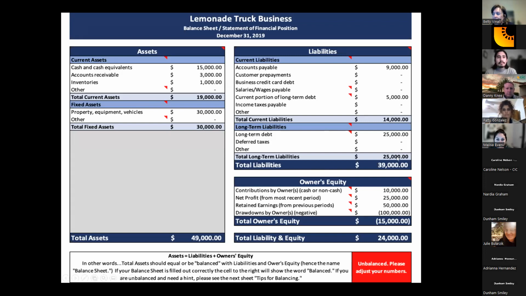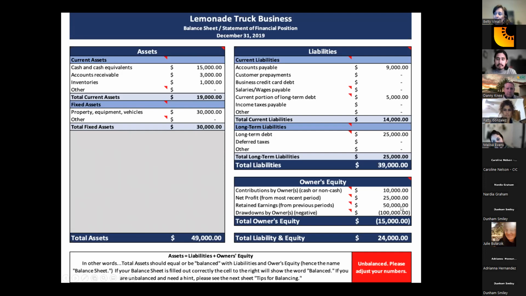Oftentimes the mistake is down in owner's equity. And so you can see right here, we're at -15. To get to 49,000, we really needed this number to be a positive $10,000. So 39 plus the 10 would have given us the 49.